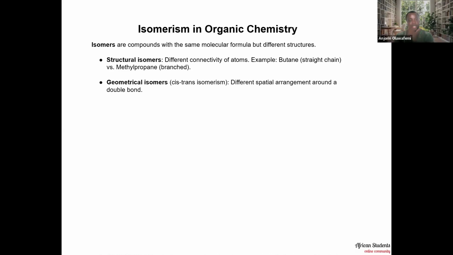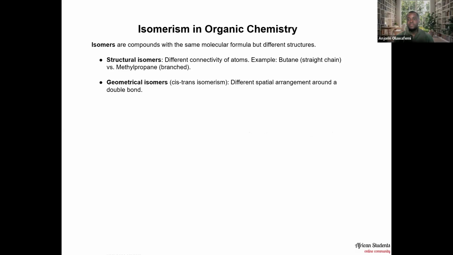Then we have geometrical isomers, and this one involves cis and trans isomerism, a different spatial arrangement around the double bond. So when you have a different spatial arrangement around the double bond, you talk about a geometric isomer. For example, you have a carbon-carbon double bond, with the two hydrogens up there side by side on the two carbon atoms, and the other two bonded like that.